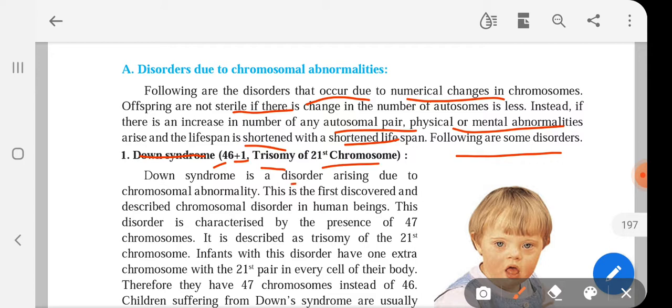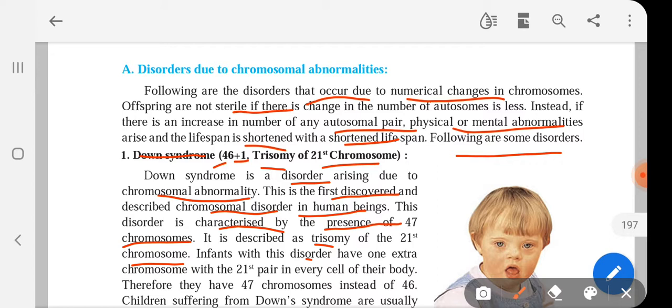So Down syndrome is a disorder arising due to chromosomal abnormality. This is the first discovered and described chromosomal disorder in human beings. This disorder is characterized by the presence of 47 chromosomes. It is described as trisomy of 21st pair of chromosome.